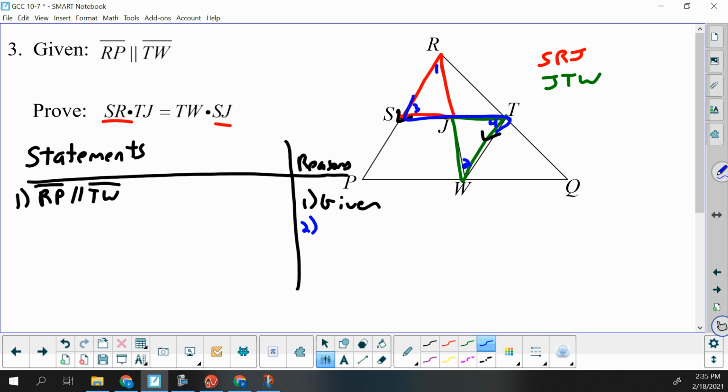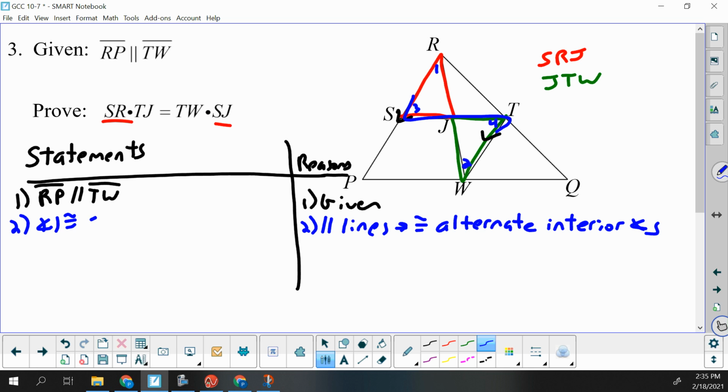So we'll do our parallel lines implies congruent alternate interior angles. And that'll be both angle 1 congruent to angle 2 and angle 3 congruent to angle 4.